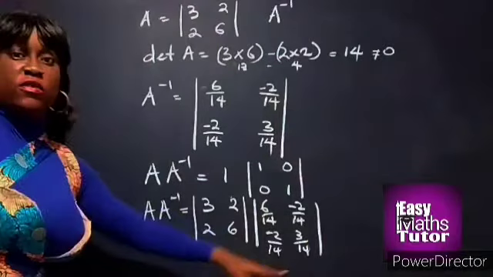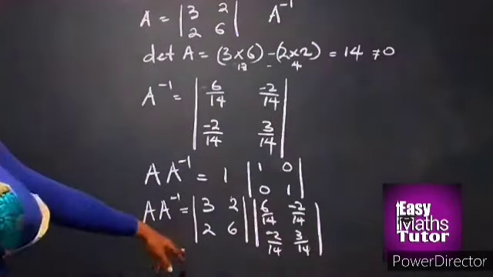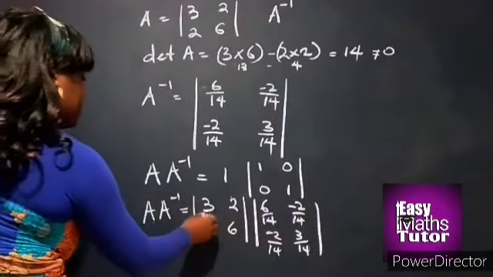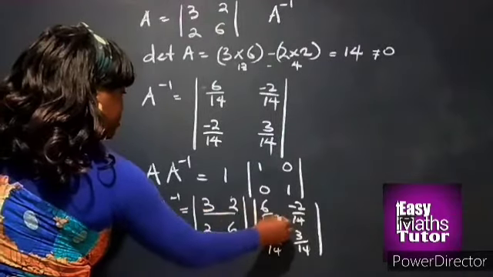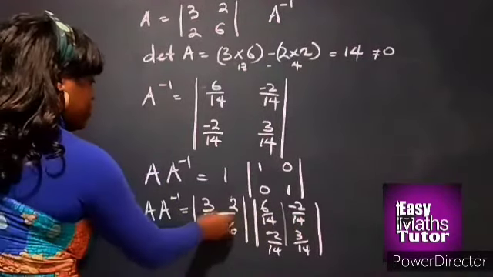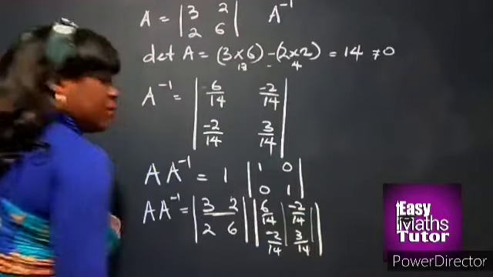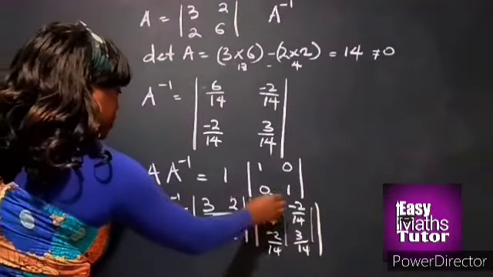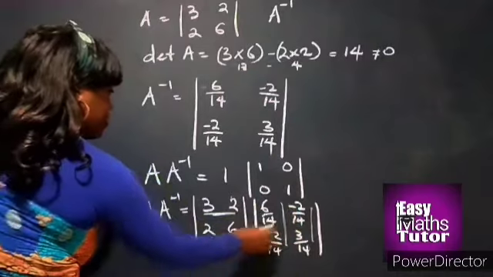These are the two matrices that we're going to multiply. So remember, it's going to be like this: this multiplied by this, plus this multiplied by this, then this multiplied by this, and this multiplied by this. So that's what we're going to do.